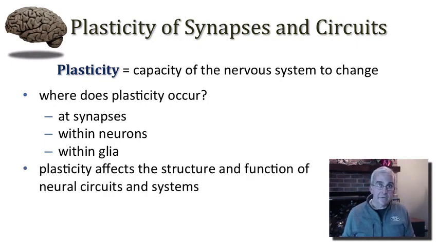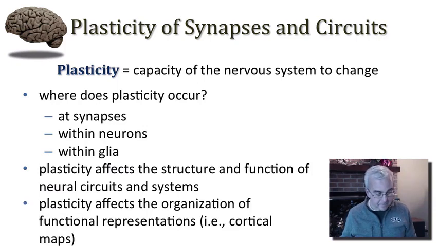Plasticity can affect the structure and function of entire neural circuits and entire systems comprised of multiple neural circuits operating in series and in parallel. Imagine the accrued impact of synaptic plasticity and cellular plasticity throughout an entire neural system, and the change can be profound. That change can ultimately be reflected in the organization of functional representations that we have in the brain.